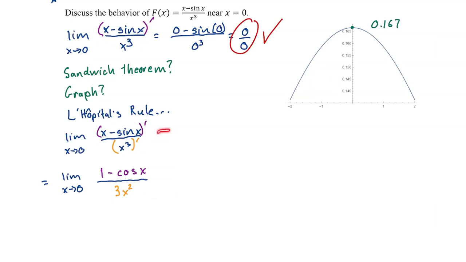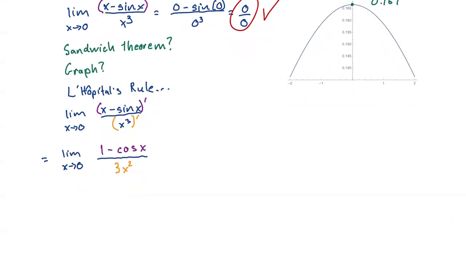So these two actually have the same limit. Now let's see if we can plug in 0 here. We have 1 minus cosine of 0 divided by 3 times 0 squared, which is 1 minus 1 over 0, which is again 0 over 0.